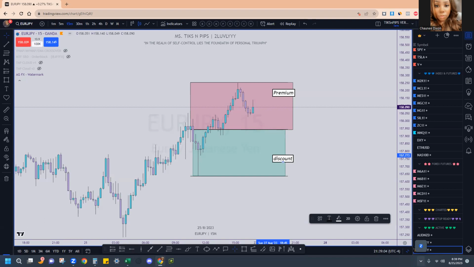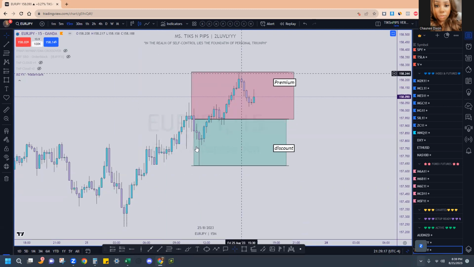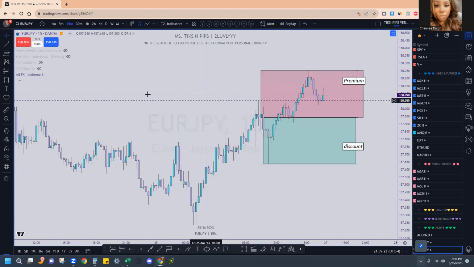Say that one more time. You said when you're marking it on the swing low. It depends on the direction of the retracement. So if you're in a bullish run, you're going to place it from the bottom to the top, to the swing high.